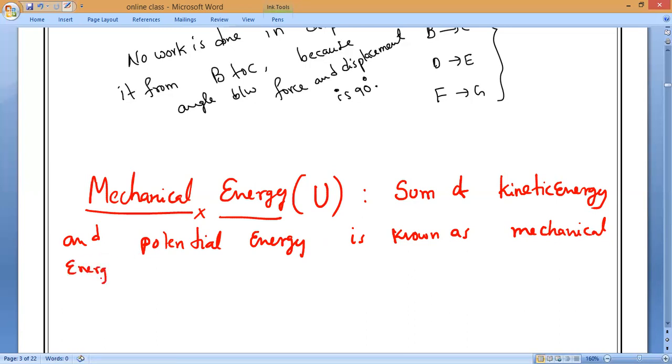For mechanical energy, a body should at a time possess kinetic energy as well as potential energy. Both energies need to be possessed by the body. So can you give examples where both potential and kinetic energy are possessed by the body? Please respond. A bird flying in the sky. Yes, very good.